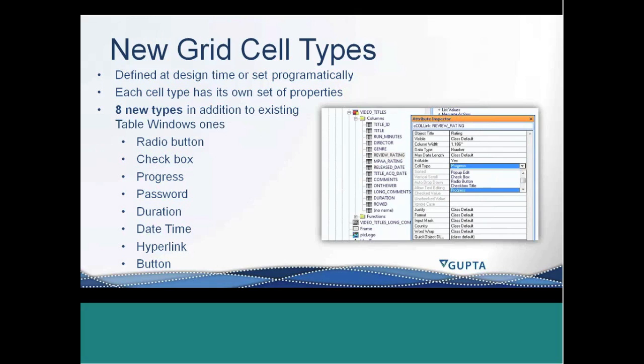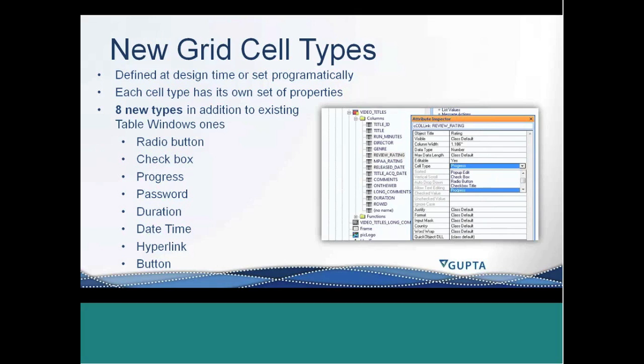Talking a little bit about the new grid cell types introduced in Team Developer 5.1, those cell types can be defined at design time, or they can be set programmatically via code. Each cell type has its own set of properties.